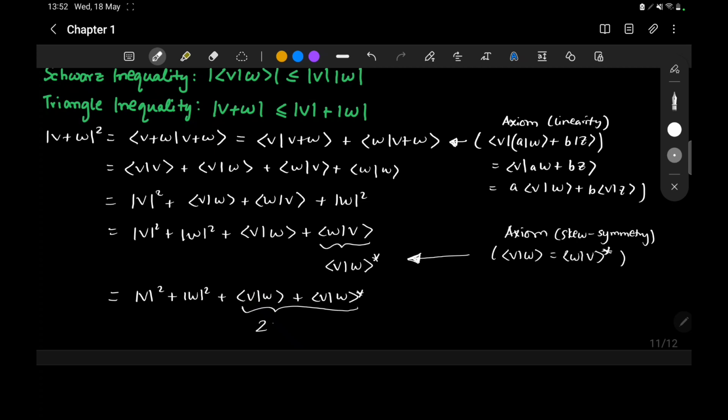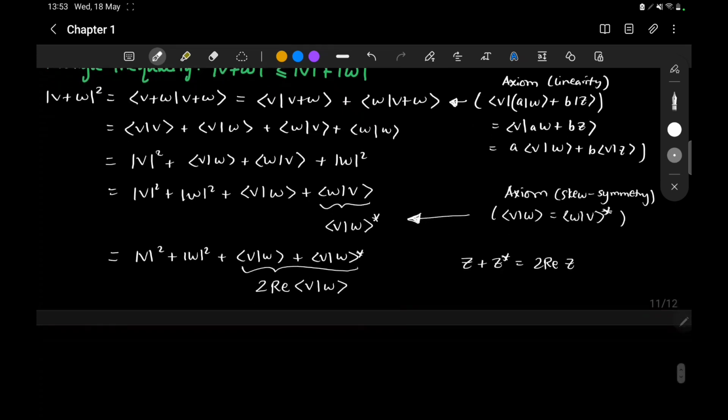This is nothing but 2 times the real part of that number. So I repeat, if we have a number, let's say some number z, and if we add the complex conjugate to it, then this is nothing but 2 times the real part of z.